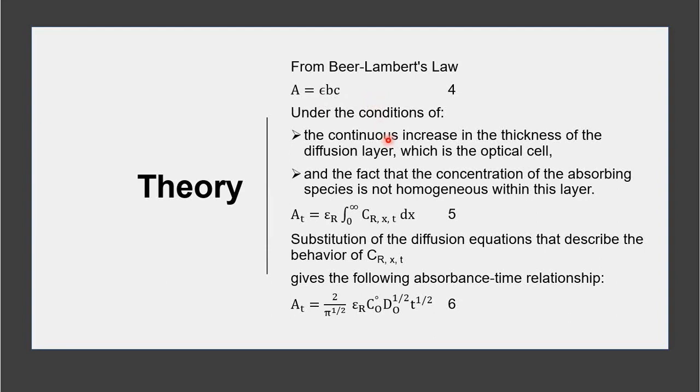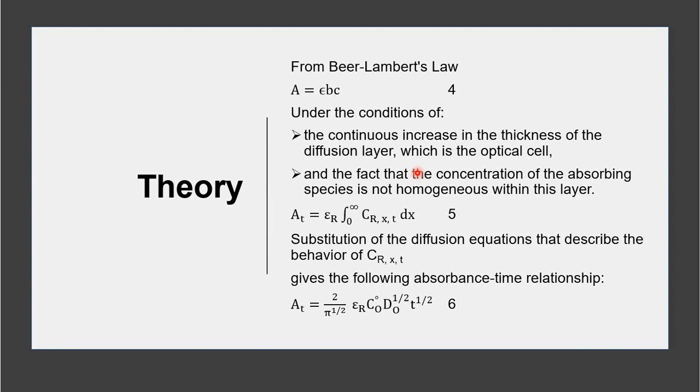So in this situation the continuous increase in the thickness of the diffusion layer, which is the optical cell, and the fact that the concentration of the absorbing species is not homogeneous within this layer can actually create some changes in the equation. So to accommodate that, we need to incorporate some effects over here.